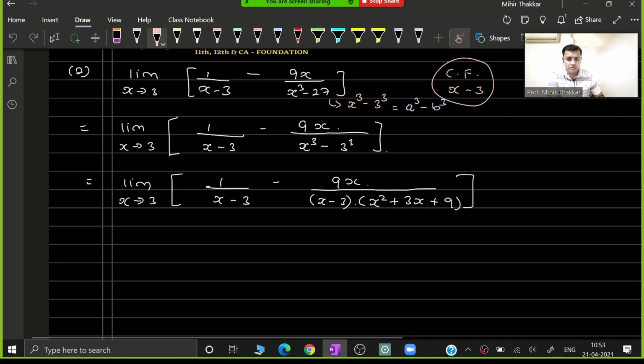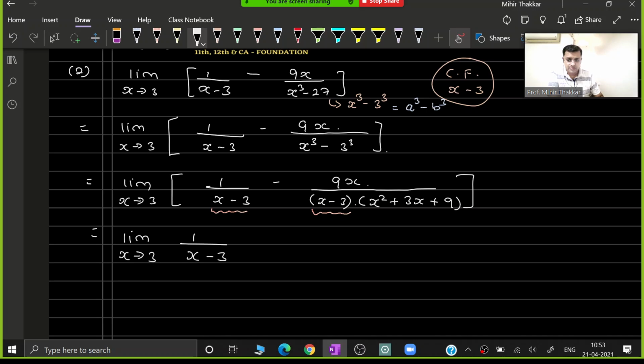So in both denominators, I am having the common value x minus 3. Let me take that x minus 3 as common over here. So it becomes 1 minus 9x divided by x square plus 3x plus 9.